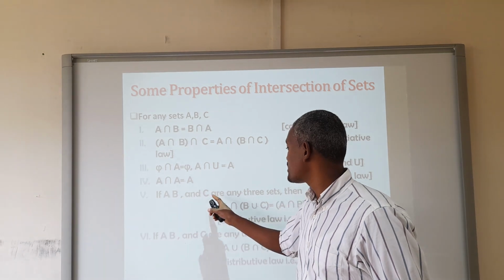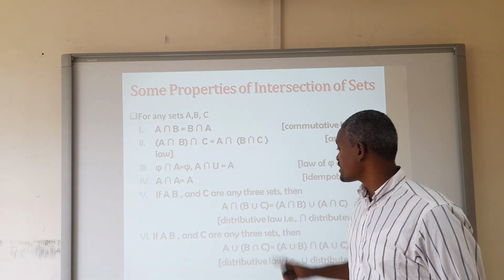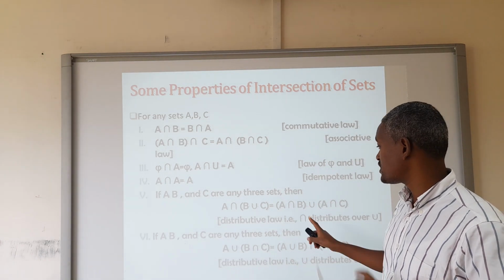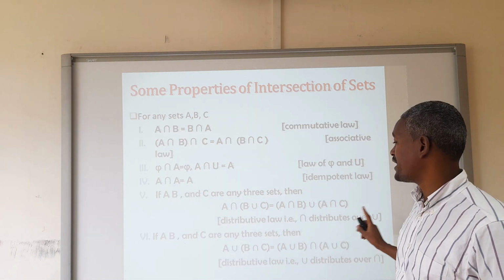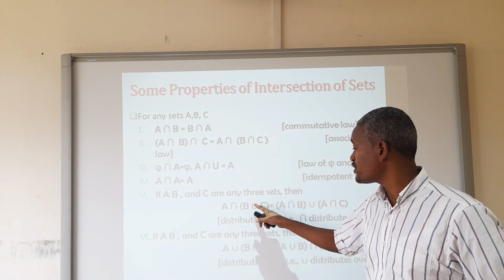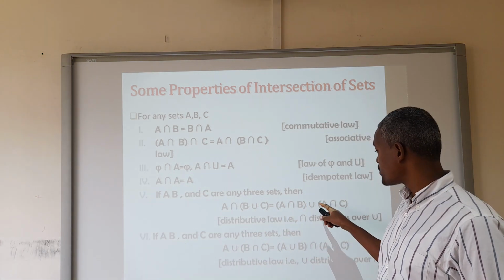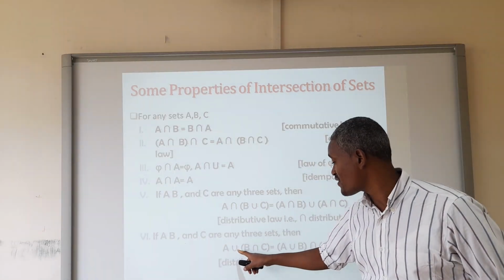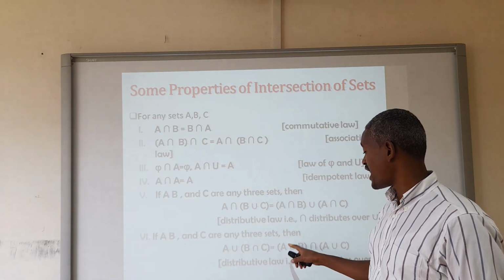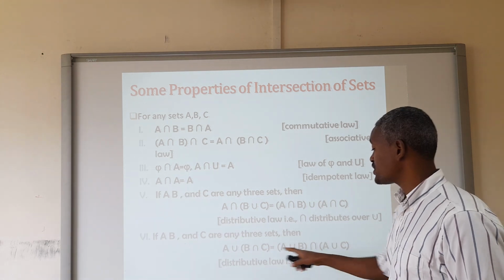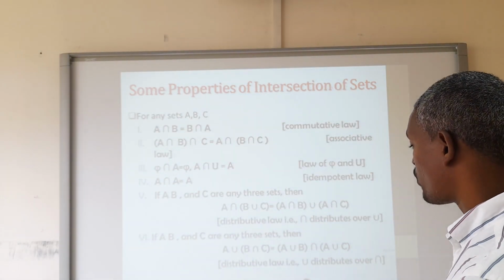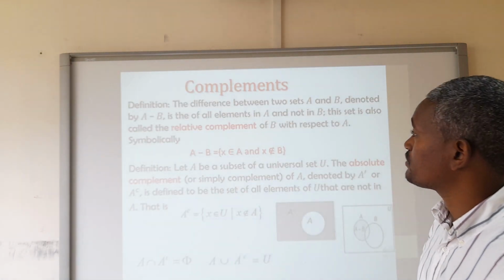If A, B, and C are any three sets, A intersection (B union C) is A intersection B union A intersection C, which is the distributive property of intersection over union. Similarly, A union (B intersection C) is (A union B) intersection (A union C), which is the distributive property of union over intersection.